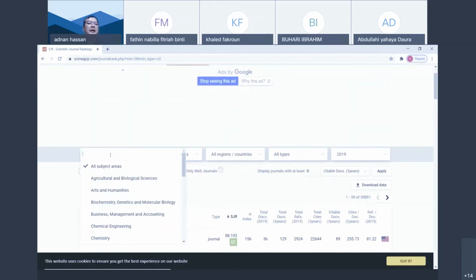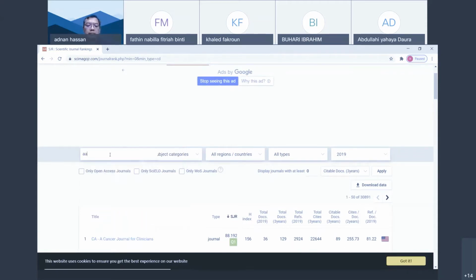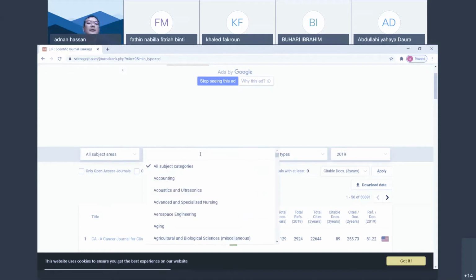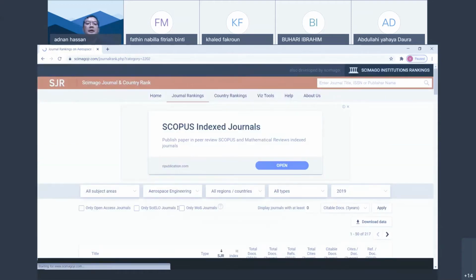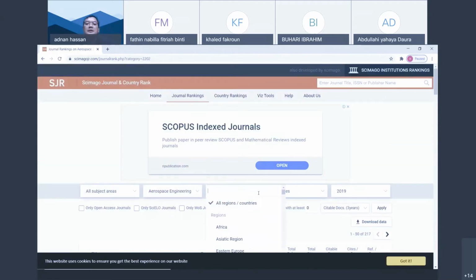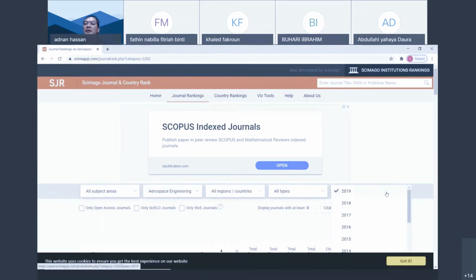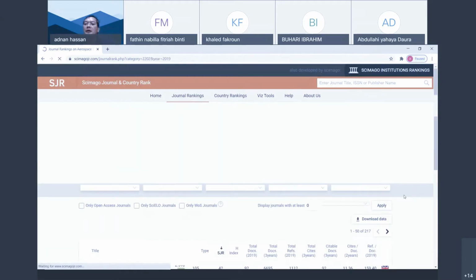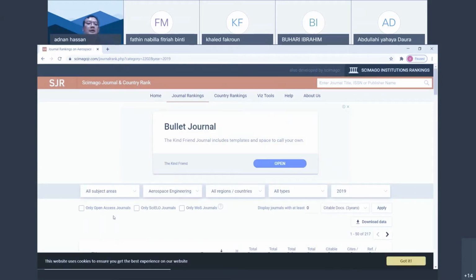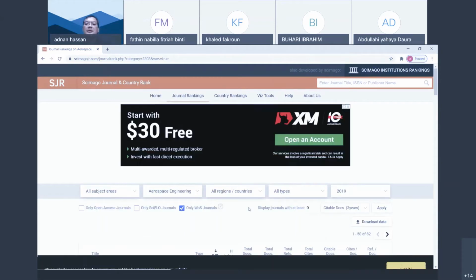Subject area, let's say aerospace engineering. Origin countries, all types. Let's say we want this one: citable, only open access, Web of Science journals.